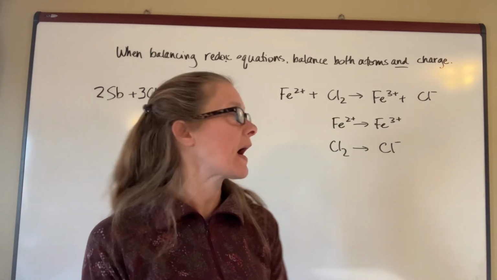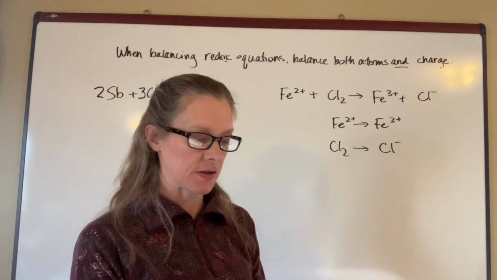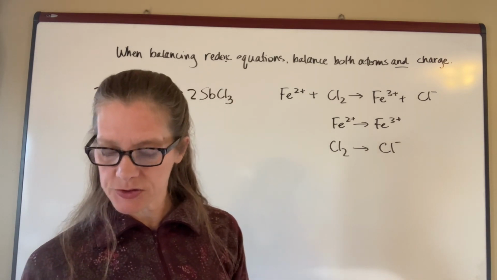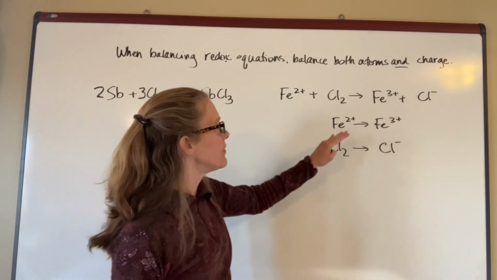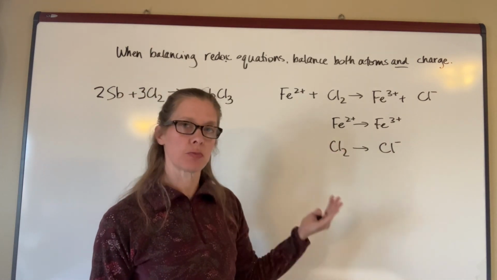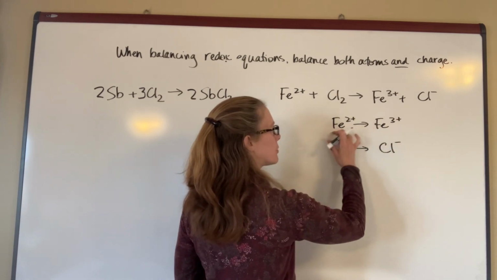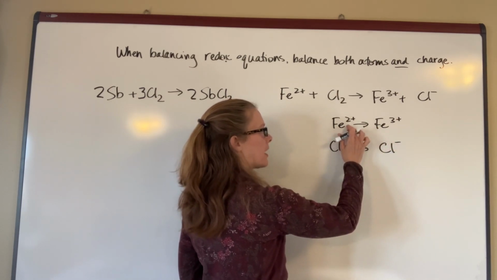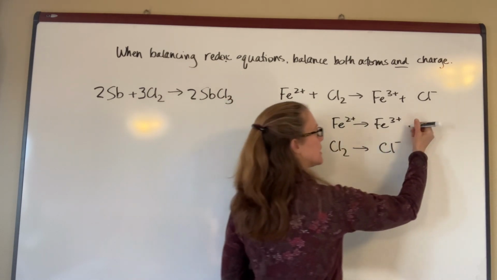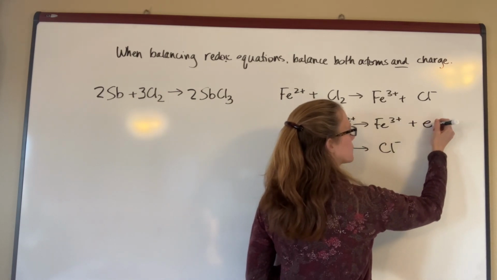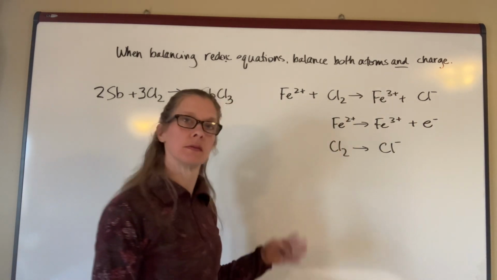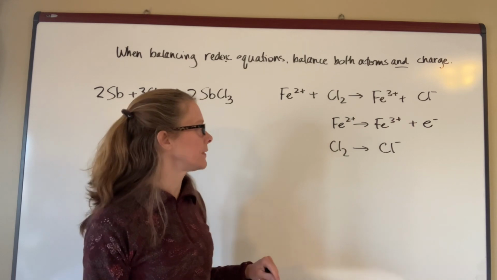We don't need that in the equations that we're going to be balancing today. Then I need to balance the charge by adding electrons. To get the same charge on both sides, with a positive 2 here and a positive 3 here, I need 1 electron on this side, and then now I'll have a positive 2 on each side.